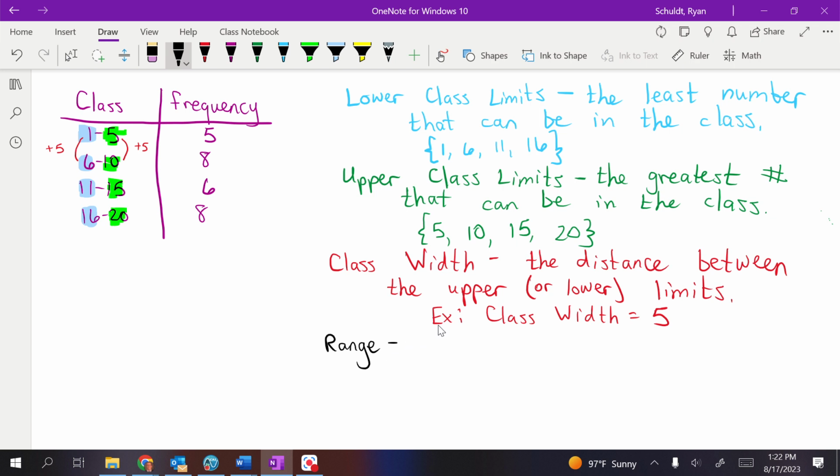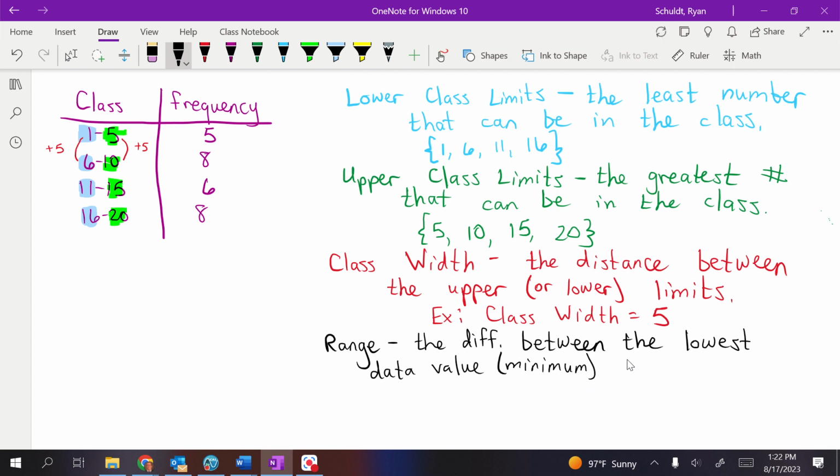The range is the difference between the lowest data value, which we call the minimum, and the highest data value, which we call the maximum.